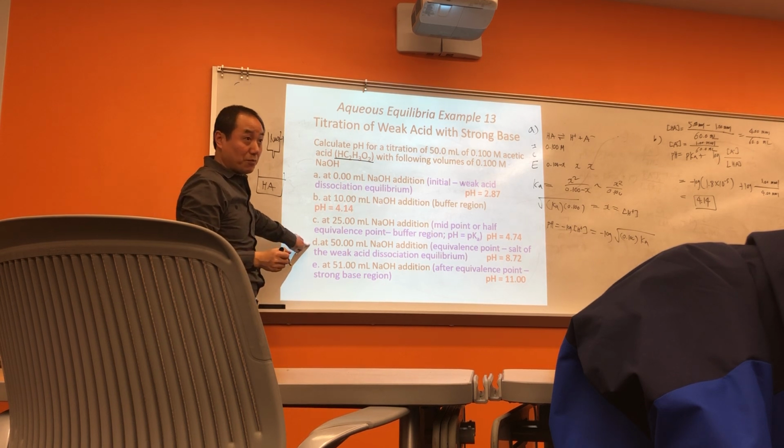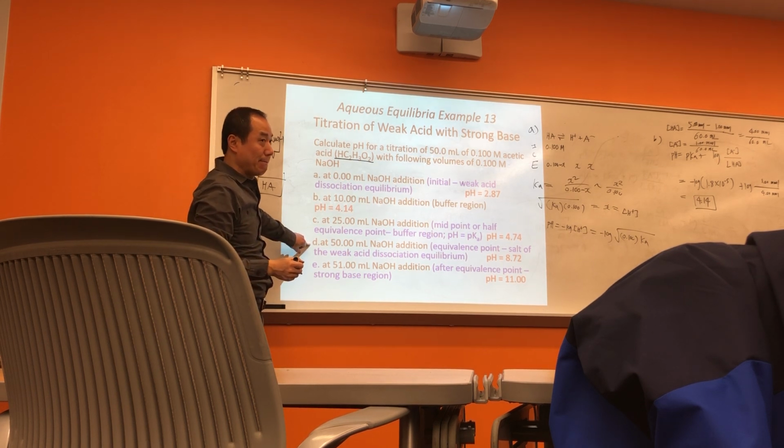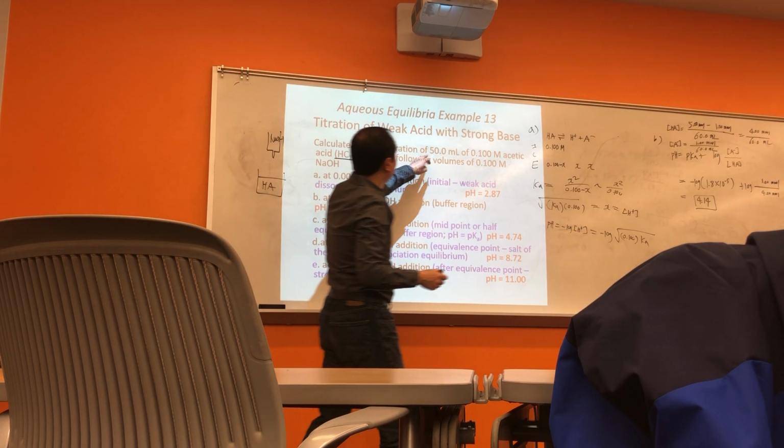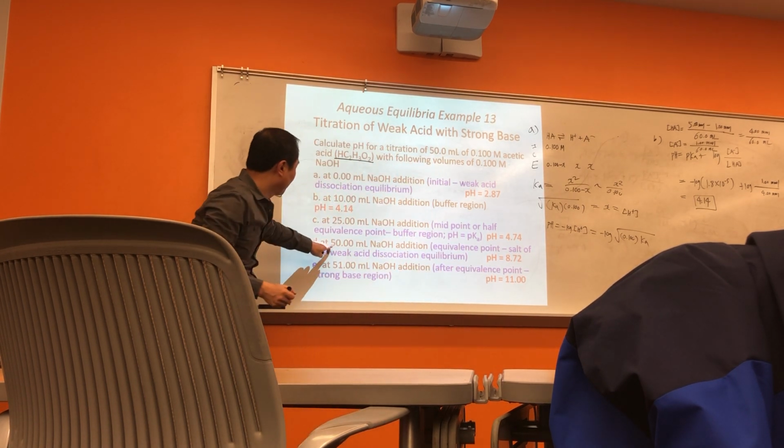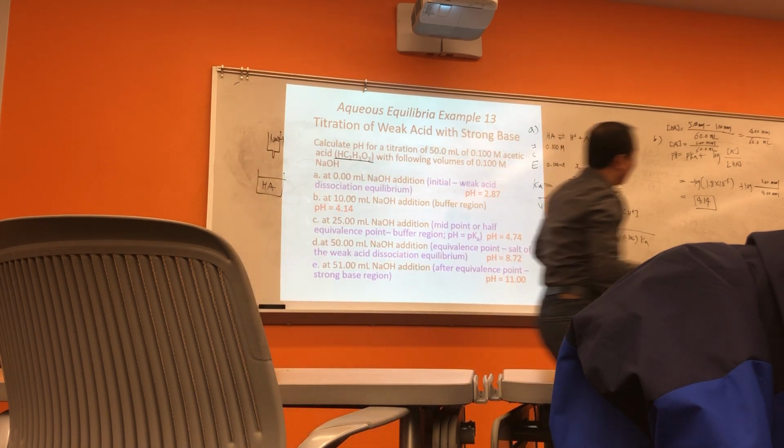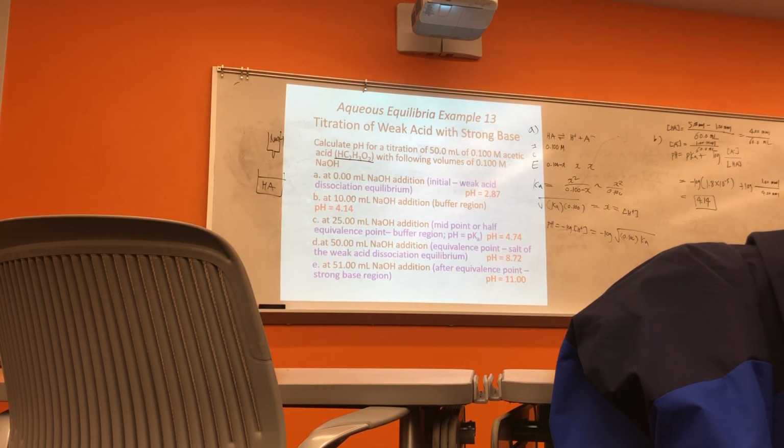What is the total volume? 100 milliliter, because we had the original 50 milliliter solution plus 50 milliliter of the other solution. So our concentration, milli cancels, and then molar is 0.05.